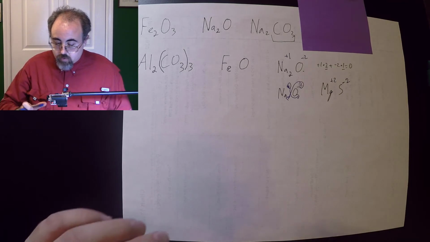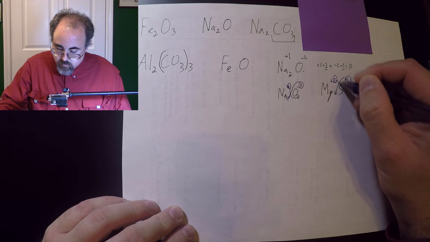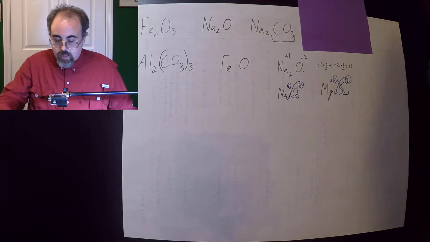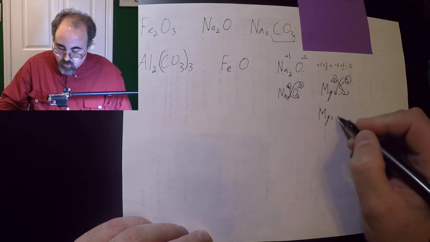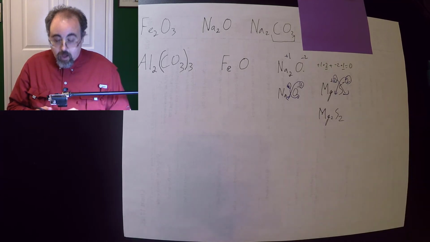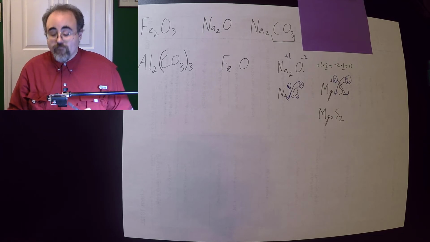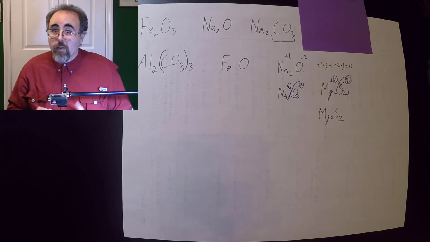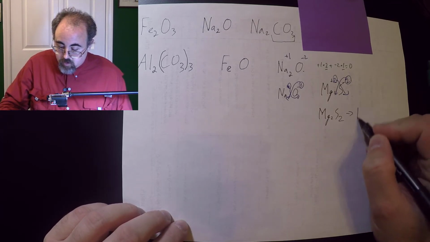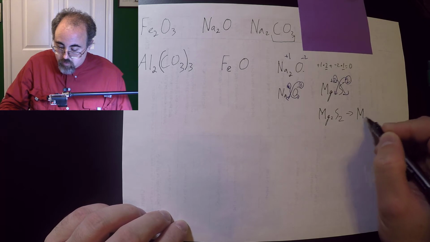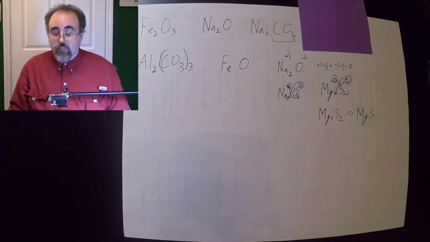And so I can do the crisscross, and therefore I get the answer of Mg2S2. Now, I ask you, is this the smallest whole number ratio? Nope. It's a whole number ratio, but it could be smaller. So now what I need to do is convert this into Mg1S1, which is just written as MgS, magnesium sulfide.